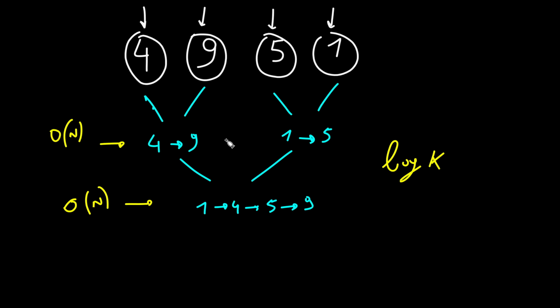So at each iteration, we had to perform n operations. So the total time complexity for this solution is big O of n log k, where n is the number of nodes and k is the number of linked lists. So this is better than the time complexity we saw earlier. So this is the solution we're actually gonna code.